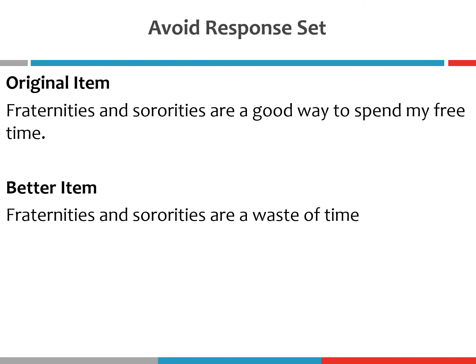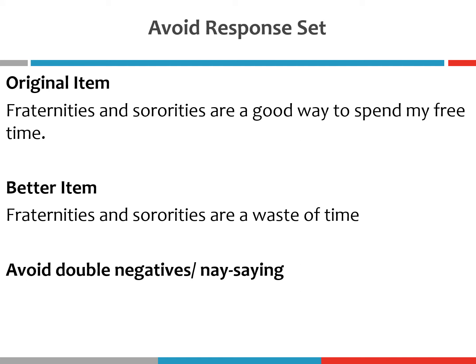So now for this particular item, a 5 would be equal to strongly disagree, a 4 would be equal to disagree, a 3 would be neither agree or disagree, a 2 would be agree, and a 1 would be strongly agree, right? Because if you strongly agree or agree that fraternities and sororities are a waste of time, then you're going to be lower on the trait or construct that we're measuring. Okay.